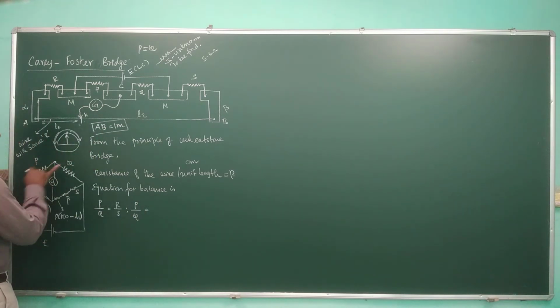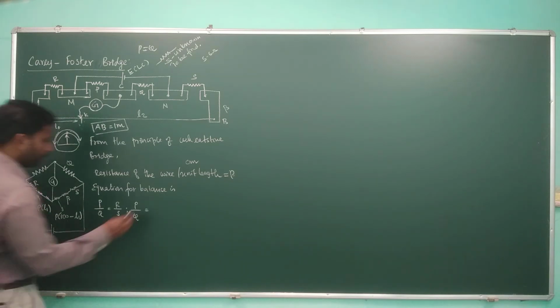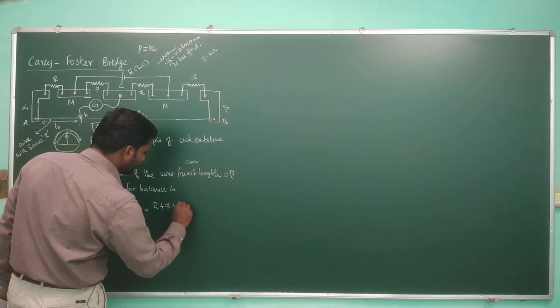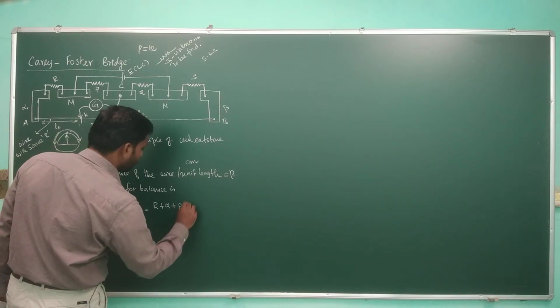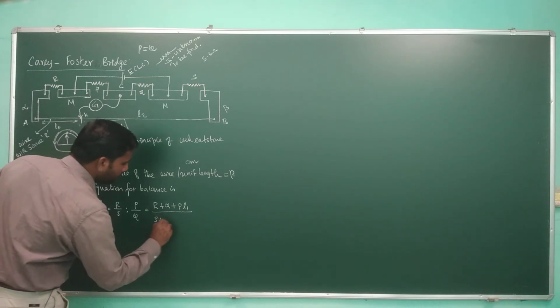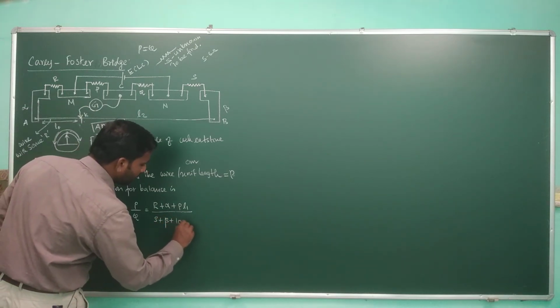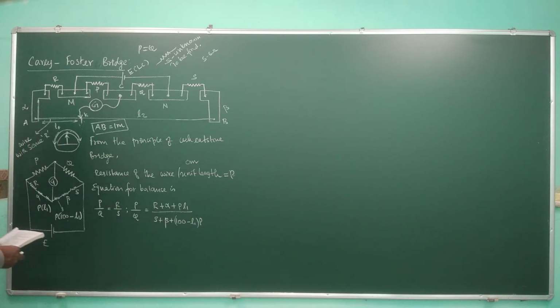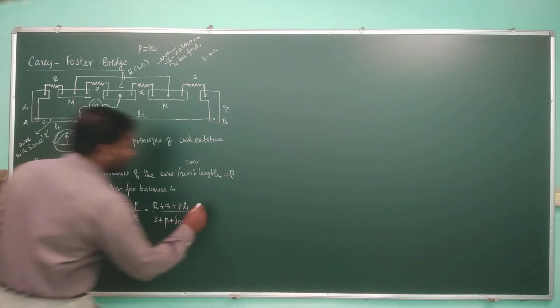In the place of R, there are three components. R plus alpha plus rho L1 divided by this side S plus beta plus 100 minus L1 multiplied by rho. Okay. So this is equation 1.